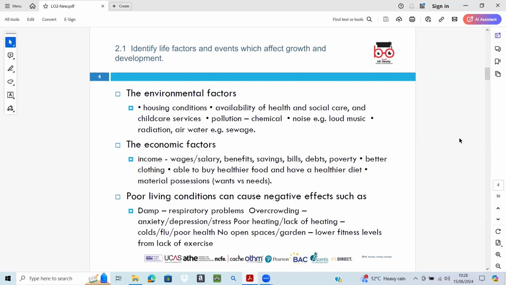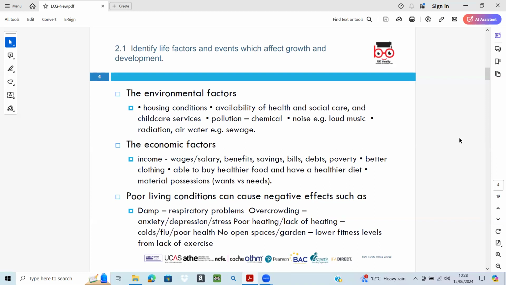If someone is living in an overcrowded living situation, it can cause stress and depression due to lack of personal space and privacy. If we talk about poor heating or lack of heating, for example in the UK, it can result in colds, flu, and other health issues, which will affect the overall physical health of a person.